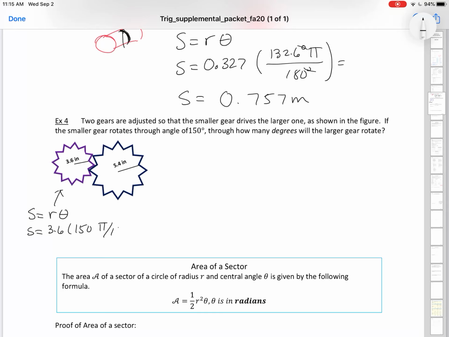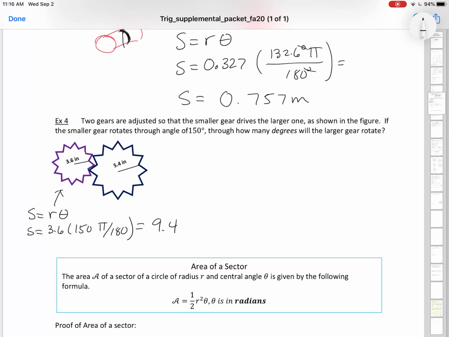So we're going to multiply by pi and divide by 180. And we're used to that by now. And so when we take our 3.6 times 150 times pi divided by 180, we get 9.424. So I'm going to put it as 9.4, the same level of rounding that the radius was in.